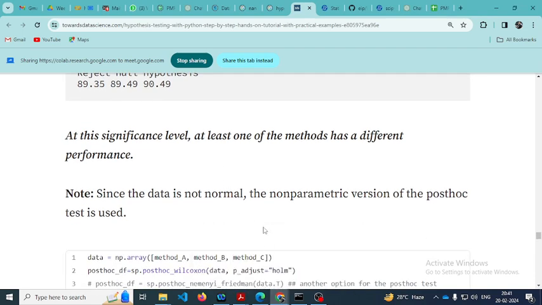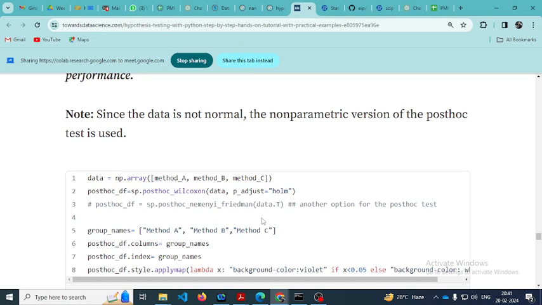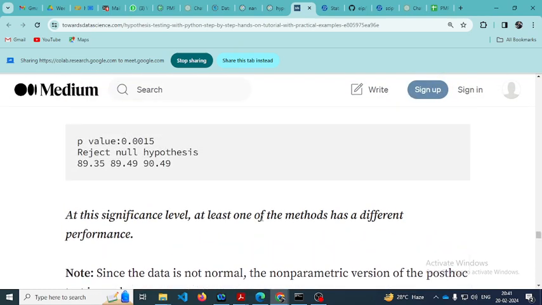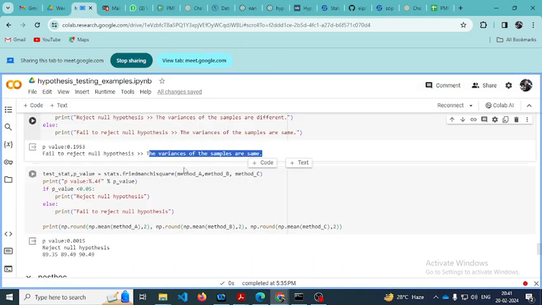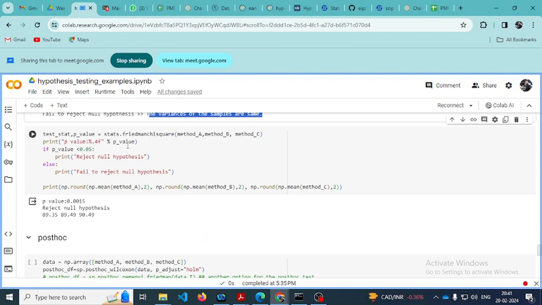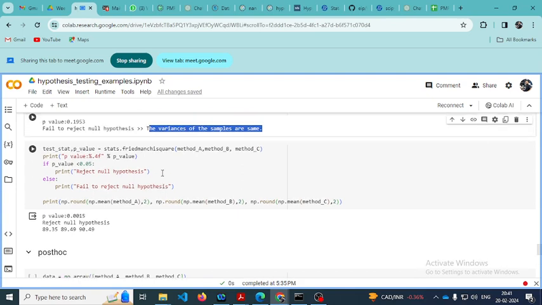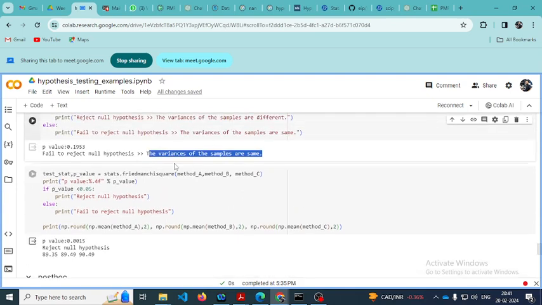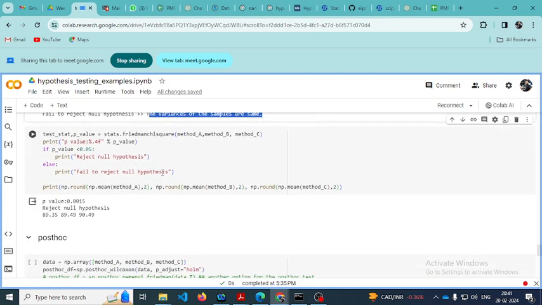you can call the Friedman chi-square test. We call this chi-square test whenever you have such assumptions, where the variance of the samples is the same.